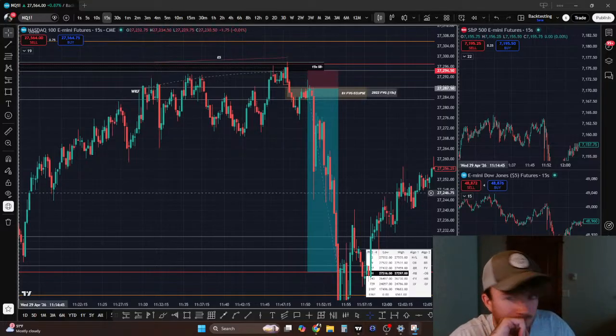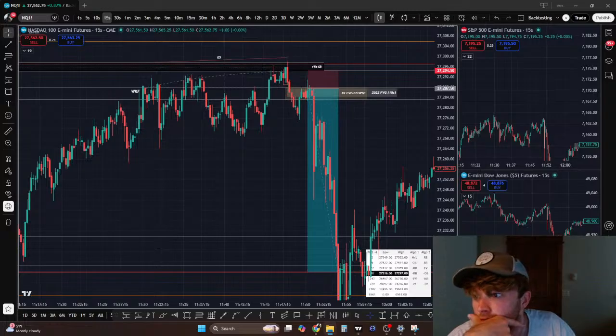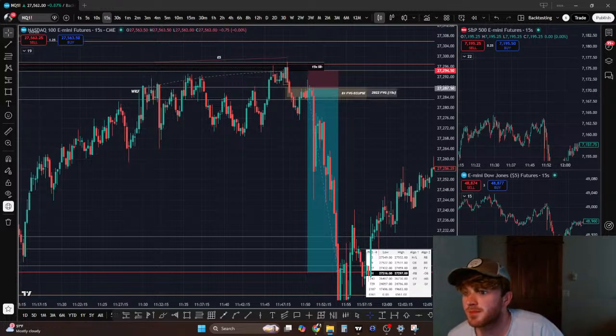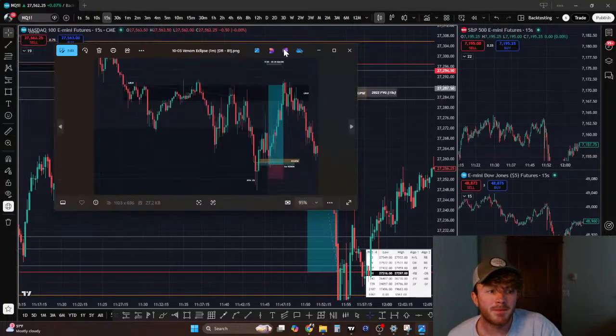I'm kind of forgetting how I marked these out. I call them eclipses. Oh, okay. I mark them out like this. Right.